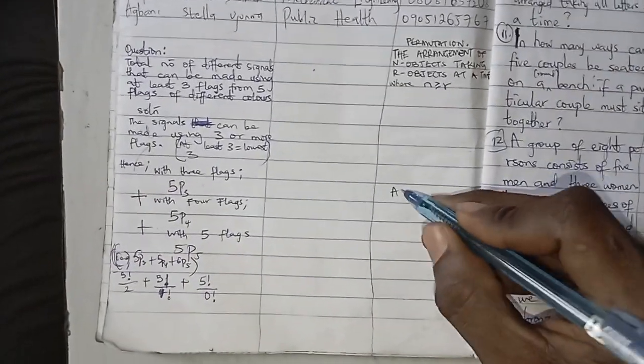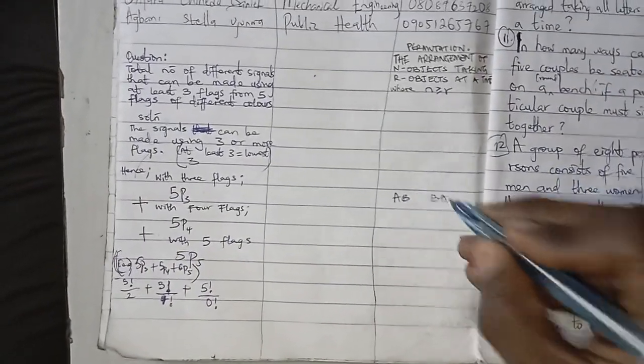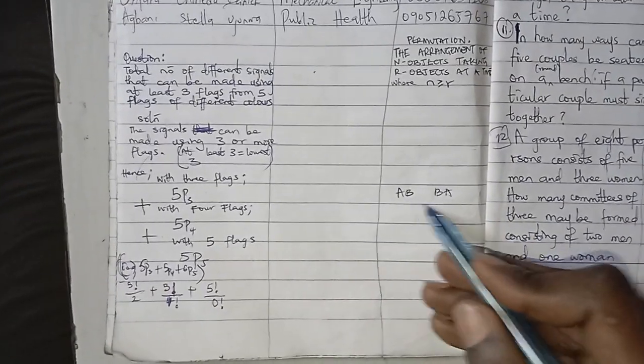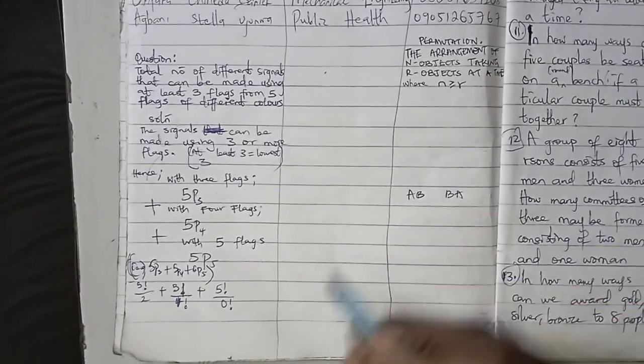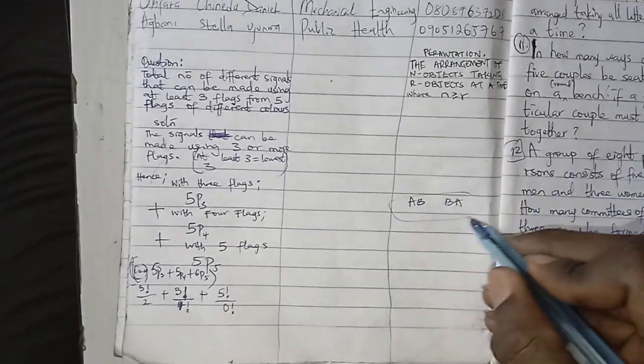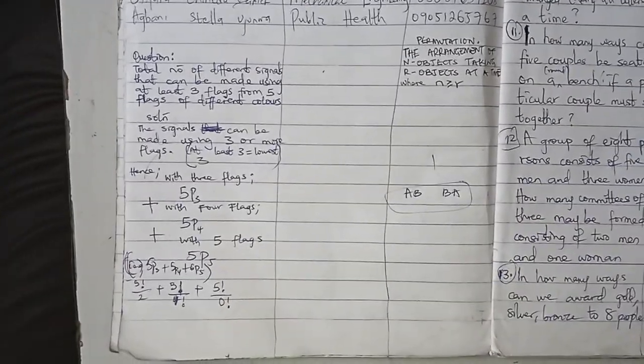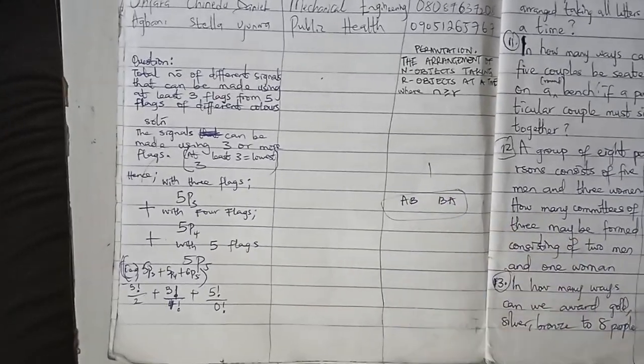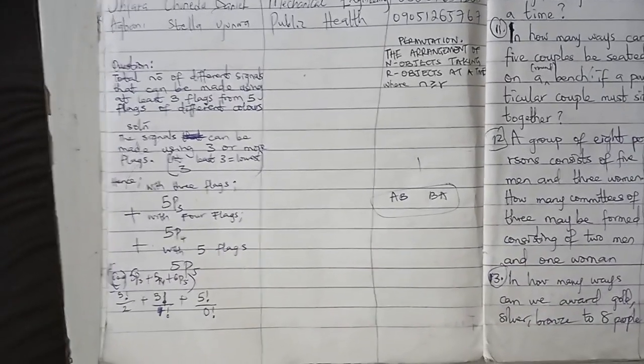Say for example, I have A, B and I have B, A. In permutation, these are 2 different arrangements, 2 permutations. But in combination, everything here means 1. You combined it. The order does not matter.